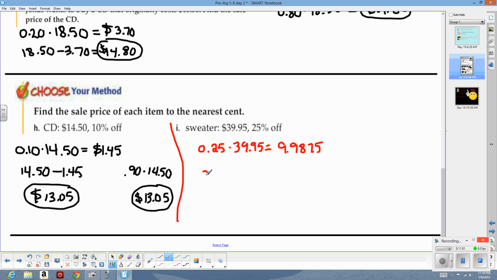We're going to add that on to the price of the sweater. $49.94. Oh my goodness, what was I thinking? We're not going to add that on. We're going to subtract that from the price because it is on sale.